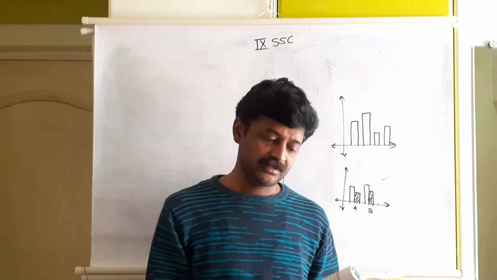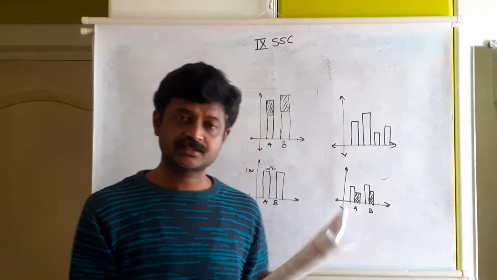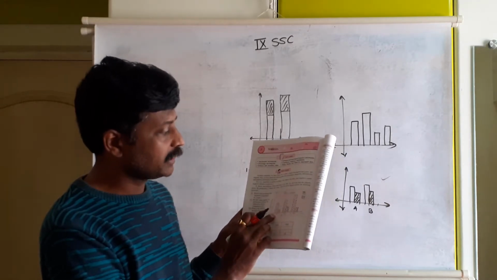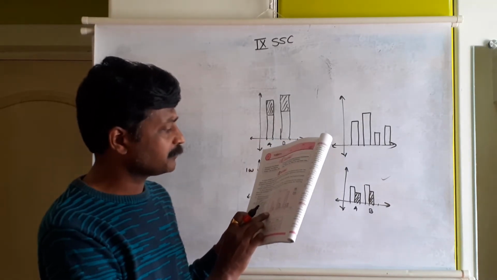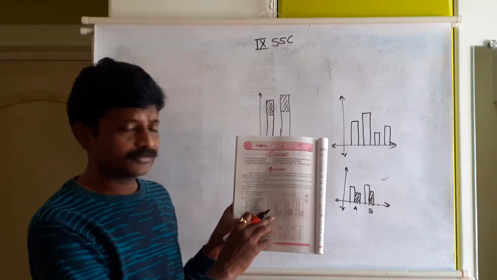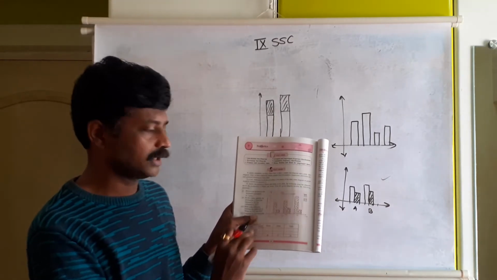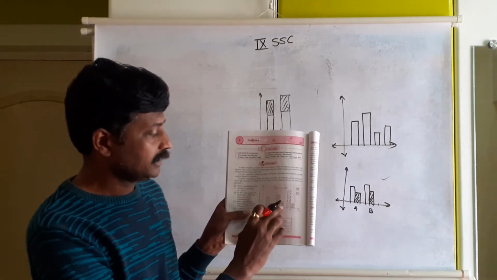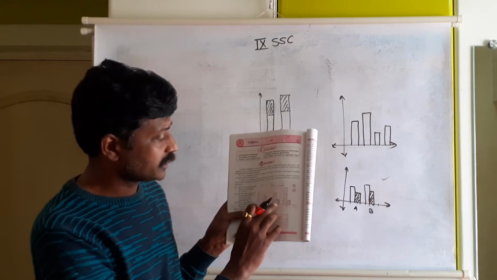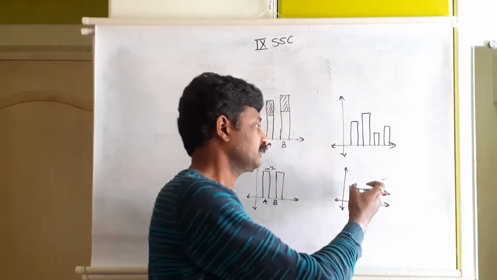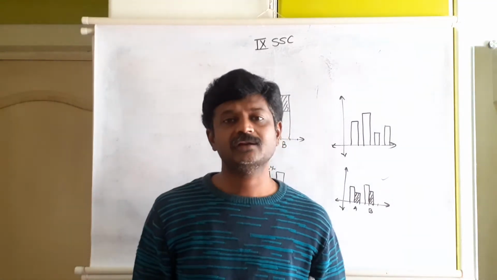For 2010, Jawar and wheat production of 2010. Jawar is shown by triangles and wheat is shown by circles. So this is for wheat of 2010, this is for Jawar of 2010. Same way 2011, Jawar and wheat. Sorry, this is wheat and this is Jawar. Same way for 2012. So this is a joint bar graph.